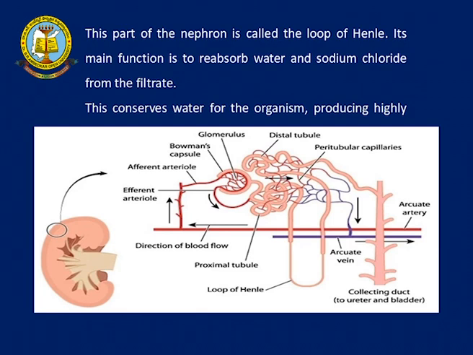This is the efferent arteriole, and blood enters the nephron region of Bowman's capsule and the afferent and efferent arterioles. This is the blood circulation in the nephron. The distal tubule and peritubular capillaries also play main roles, and the proximal tubule also exchanges waste materials and some metabolite substances.